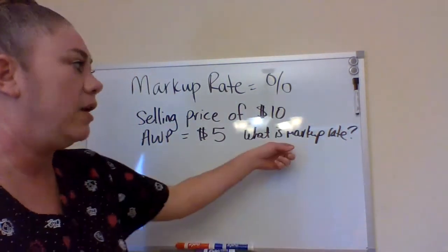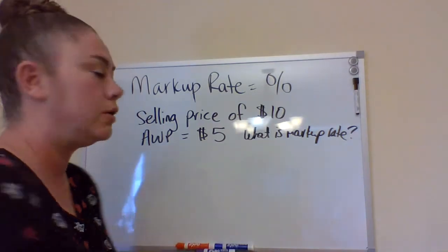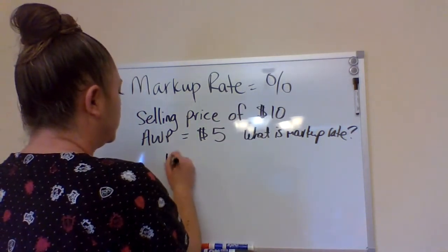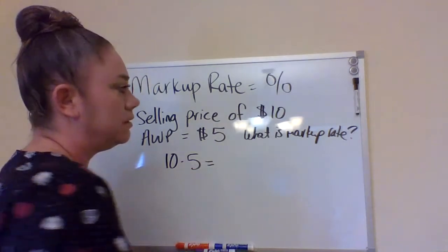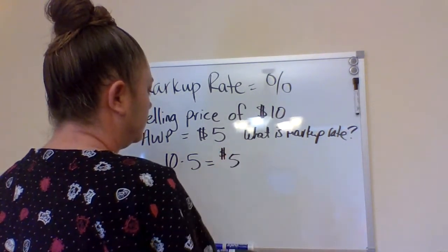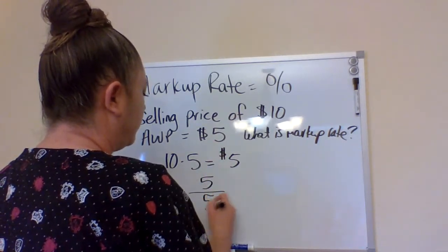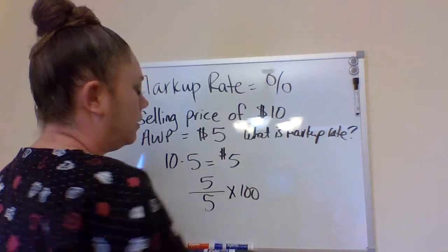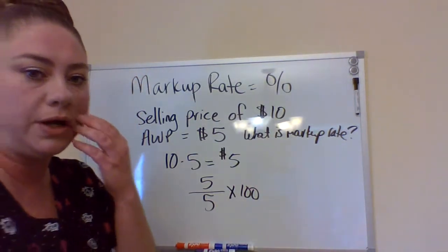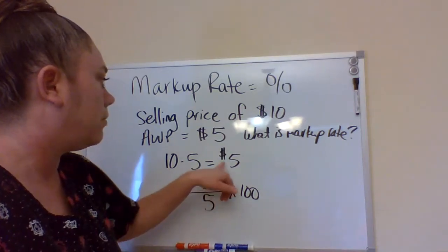You cannot find the markup rate without knowing what the markup is. So you're going to have to do the selling price minus your average wholesale price, which is $5. Then you're going to take $5 divided by $5 and then multiply that by 100. So $5 here is what our markup is.